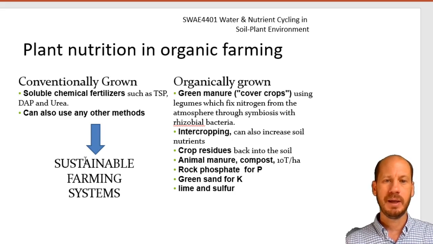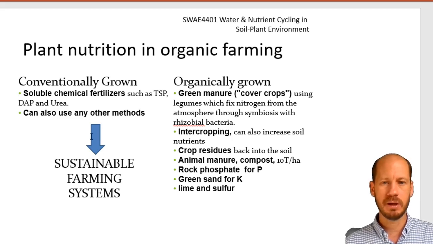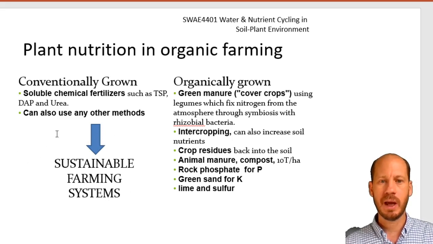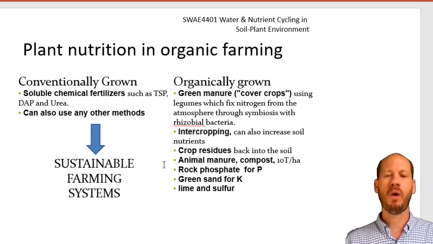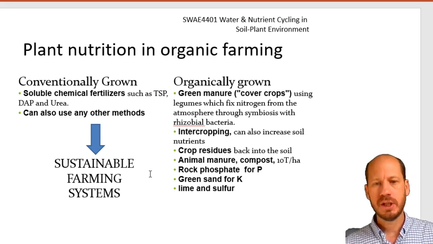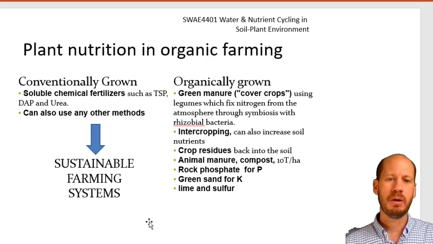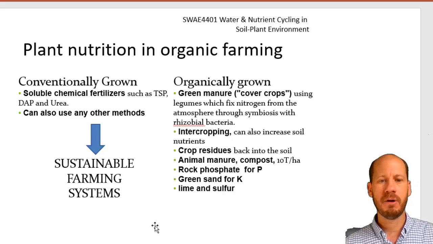But in conventionally grown farms, you don't need to use only chemical fertilizers. You can mix and match, and have the advantages of organic fertilizers together with the advantages of chemical fertilizers. When you copy traditional farming systems that increase the sustainability of your farms, but you do not abide by them exclusively, you can call these sustainable farming systems.